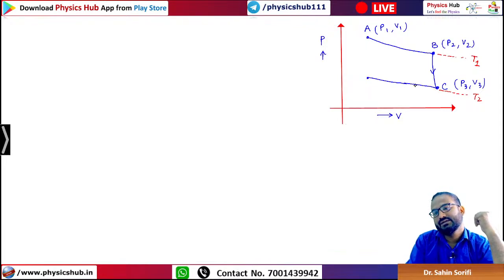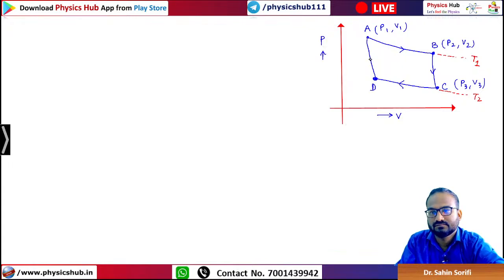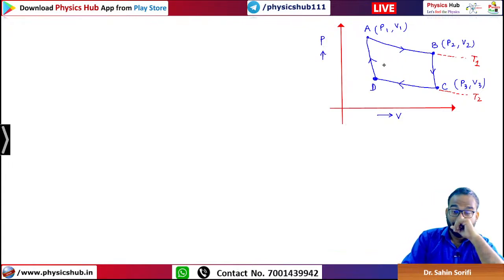That is why we are giving it a constant temperature of T2, and from D to A, it is going via adiabatic compression.